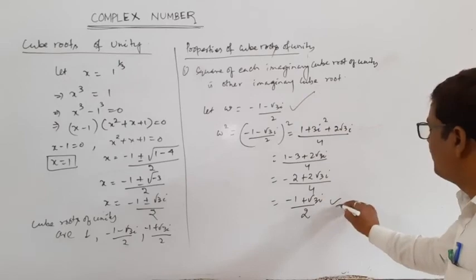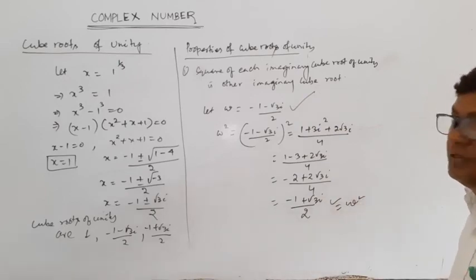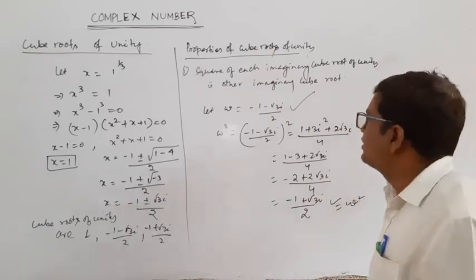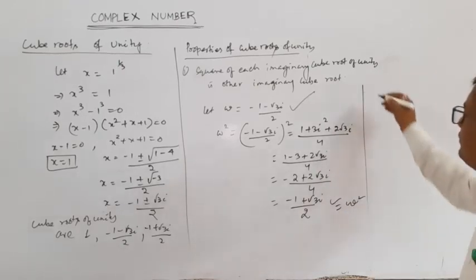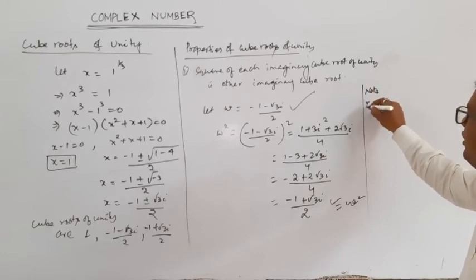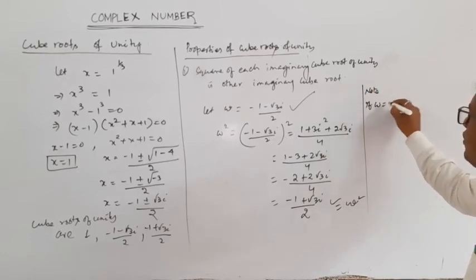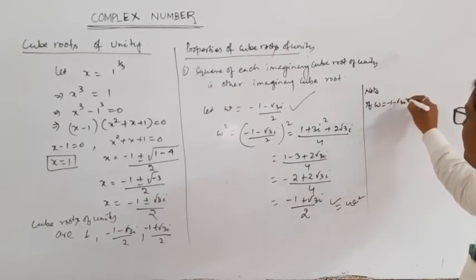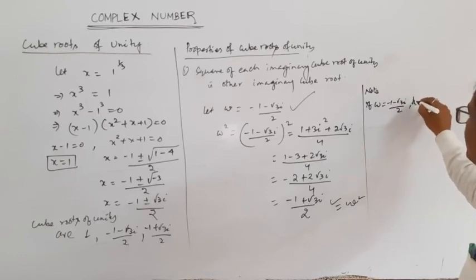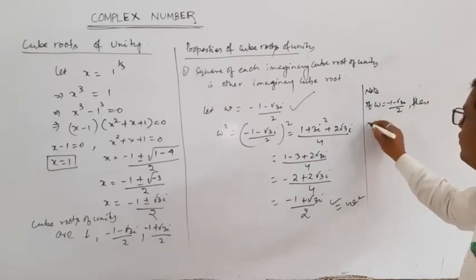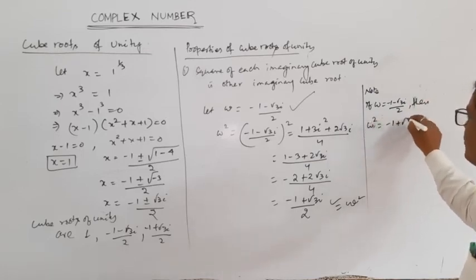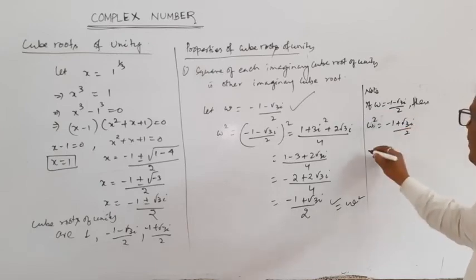So this will be what? If omega is equal to minus 1 minus root 3i by 2, then omega square is minus 1 plus root 3i by 2.